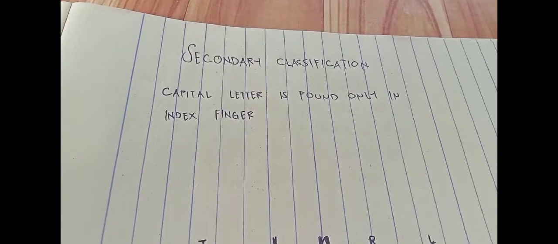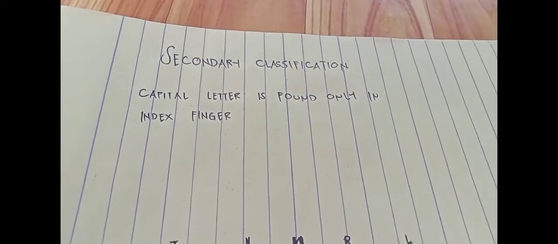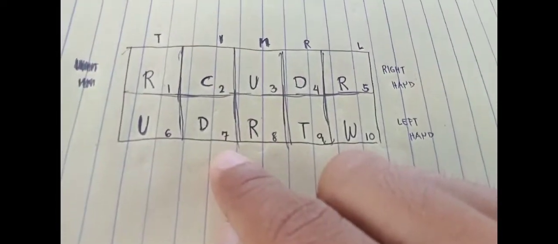In secondary classification, capital letters are found only in the index finger. So when we say index finger, it is finger number 2 and finger number 7.